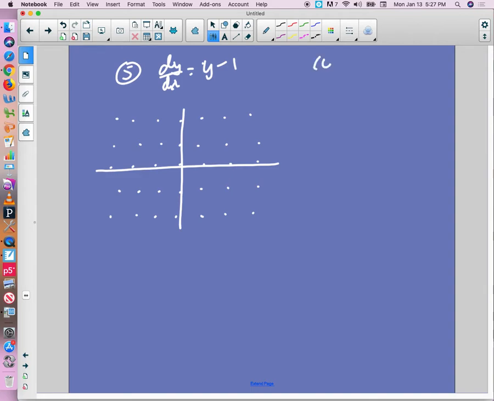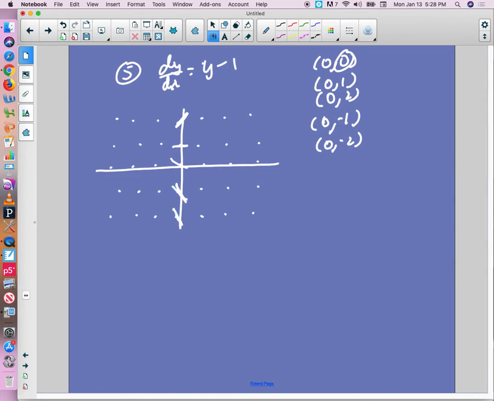We'll start at 0, 0. And so y is 0 minus 1, so I have negative 1. At 0, 1, I get 0. At 0, 2, I get 1. At 0, negative 1, I get negative 2. And at 0, negative 2, I get negative 3.